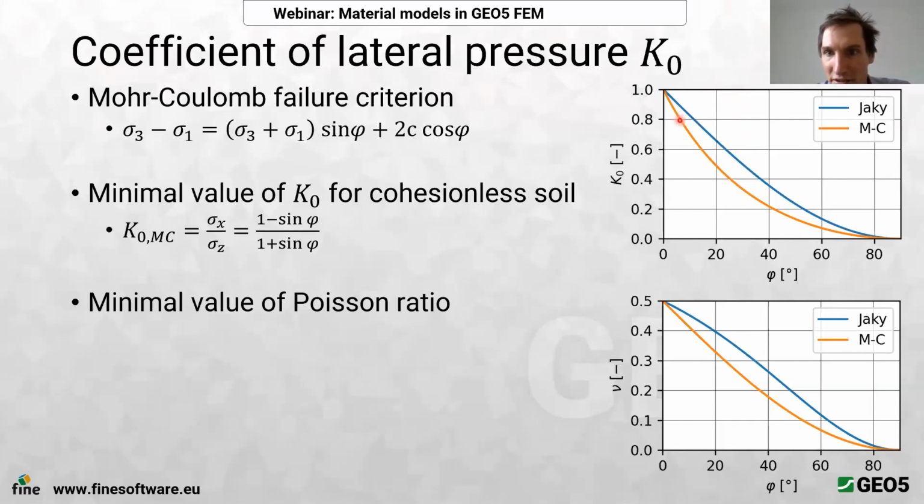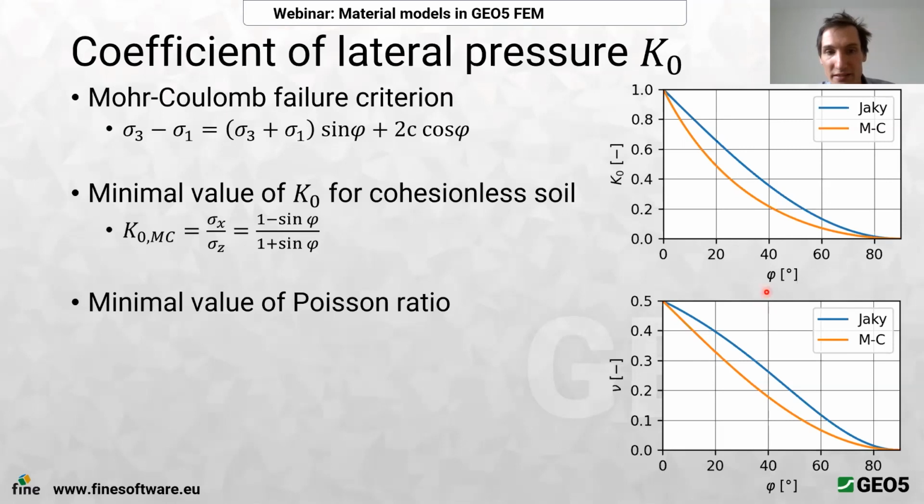So I think this is useful if you use the K naught procedure and the Mohr-Coulomb model. It's used to check that your entered or resulting K naught is not below this yellow line.